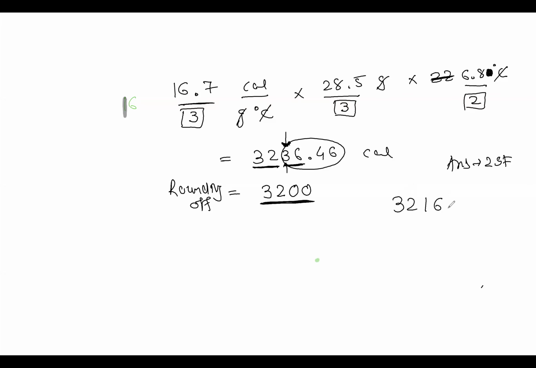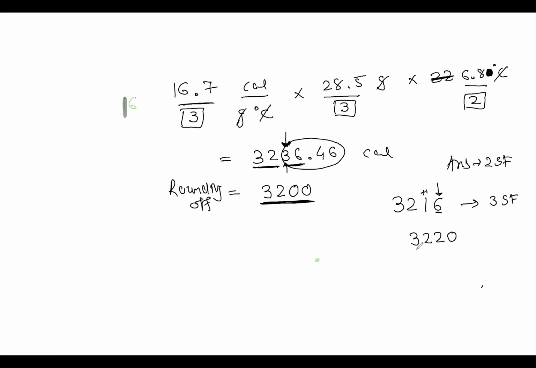Let's say you have a number like 3216. If I ask you to convert that into three significant figures, you have to get rid of the last digit. Everybody agree? If you have to get rid of the last digit, it means you have to round off. Because this digit is greater than 5, you're going to add 1 to the previous digit that you're going to retain. So the number should be 3220.